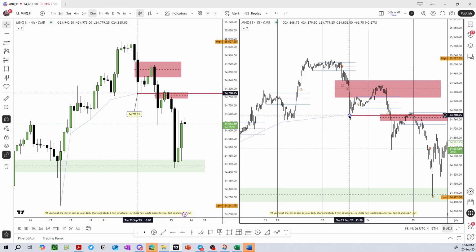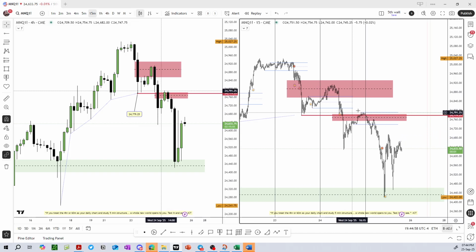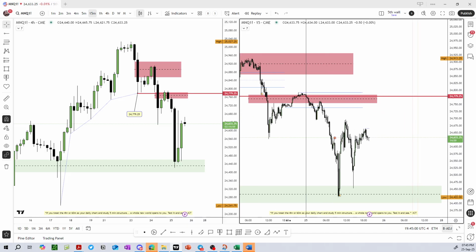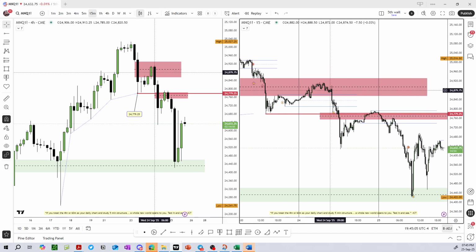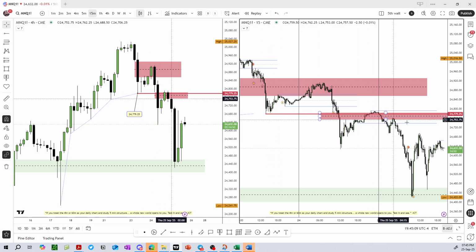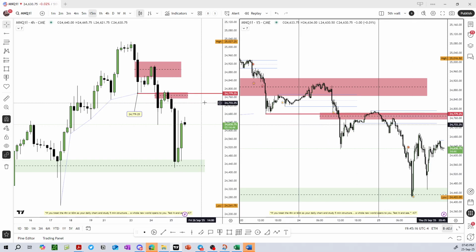That would be Tuesday's low. And you can see here that price retested that level, the key support and resistance level, dropped and retraced back into the imbalance like we highlighted here.